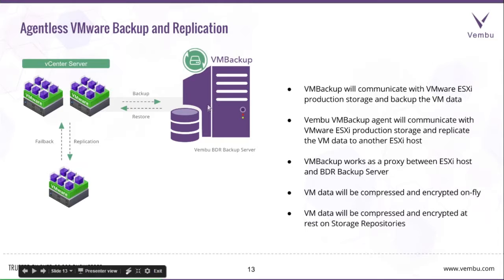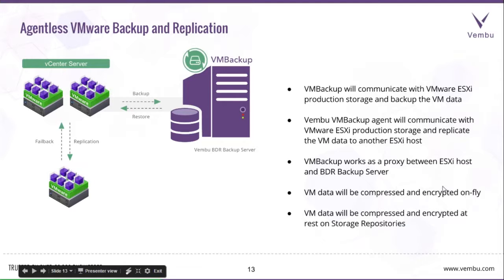Here it explains how VM Backup will communicate with the ESXi production storage and back up the VM data. Then the Vembu VM Backup agent will communicate with the VMware ESXi production storage and replicate the VM data to another ESXi host.